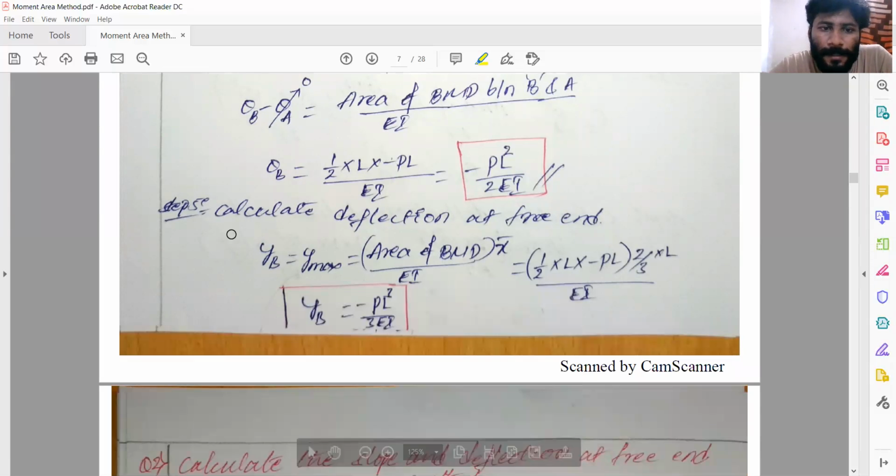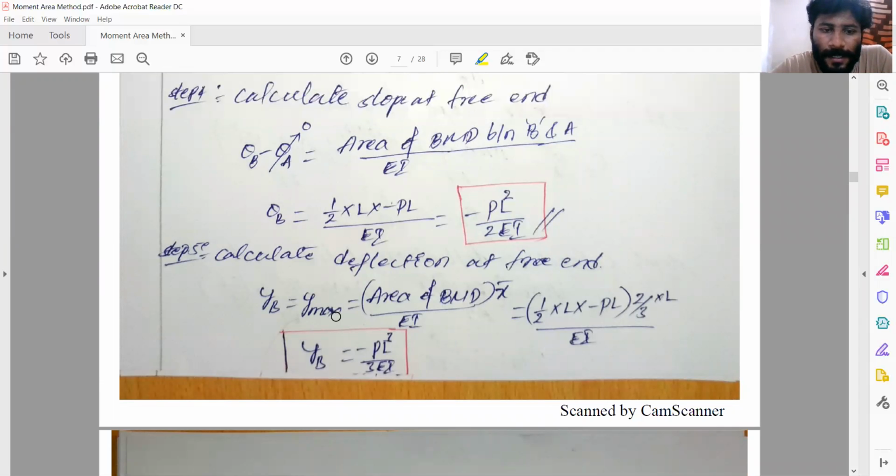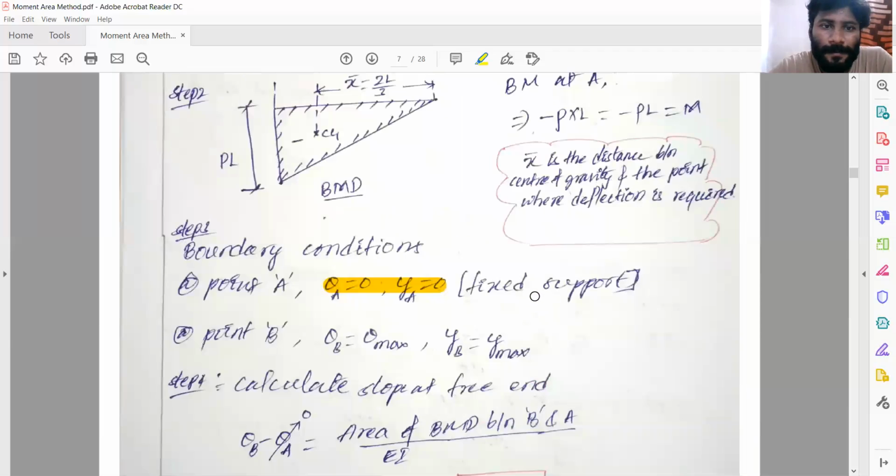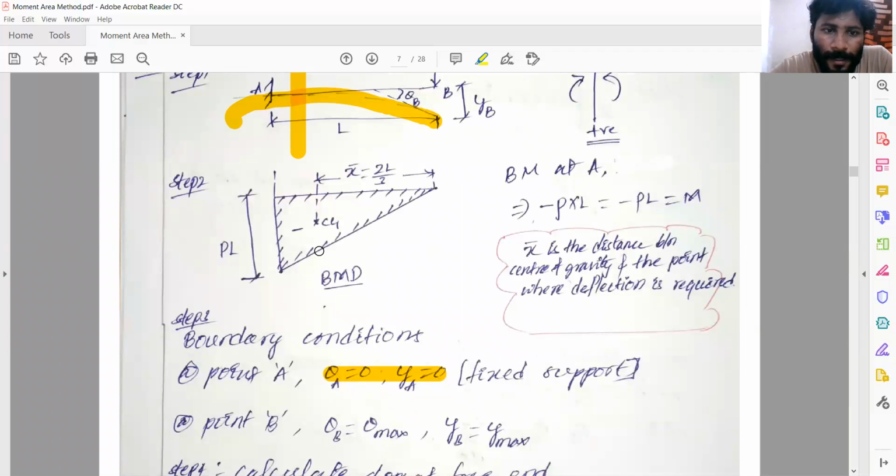Next, calculation of deflection at the free end. Again Y max, we know that the maximum deflection occurs at the free end. The equation is the area of BMD between those 2 points, B and A, into X bar divided by EI. EI is constant in the problem, right? So again, the area of BMD is half into L into minus PL. So X bar is, here you see that. Once we have drawn the bending moment diagram, we have to take the centroid, and X bar we have to take from the centroid to the point where we want to find the deflection.